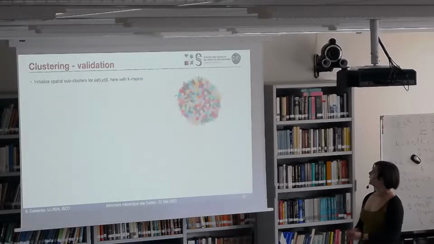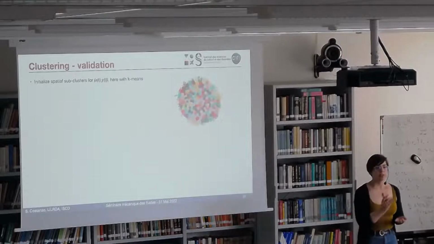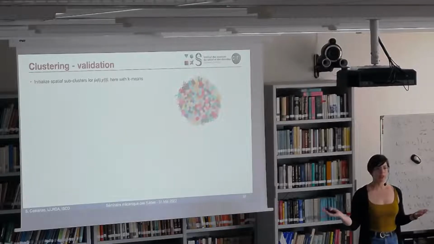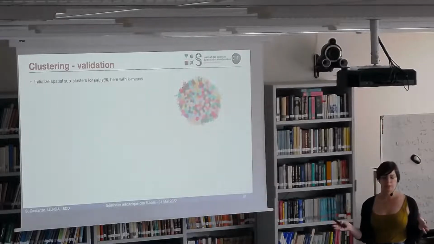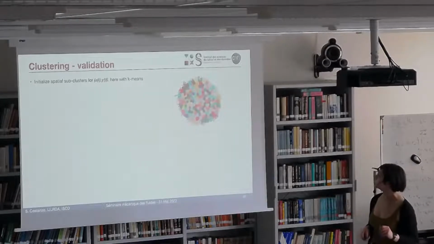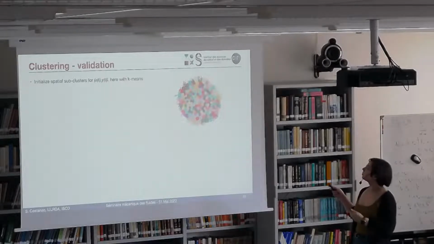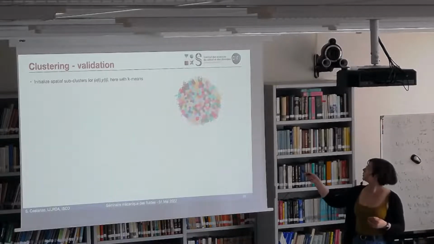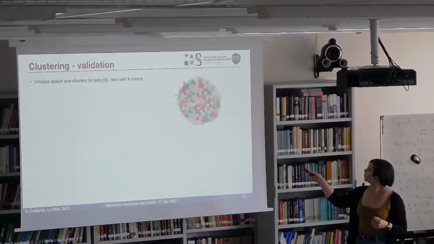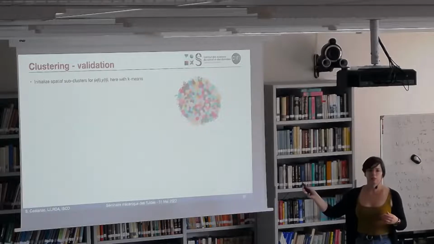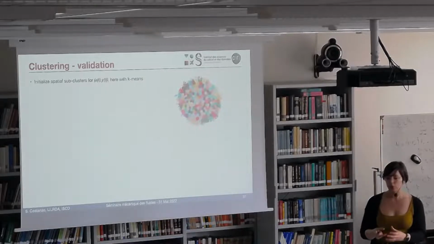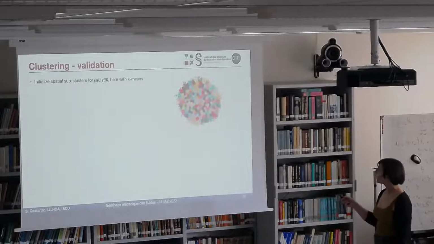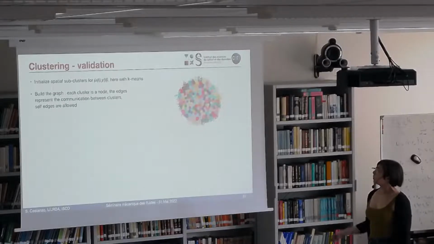So we solved the Langevin equation. We have the time history of the position of the center of pressure in Cartesian coordinates. We initialize the domain with spatial subclusters. Each of these clusters will have a density of the position of the center of pressure, and then we want to build this graph.